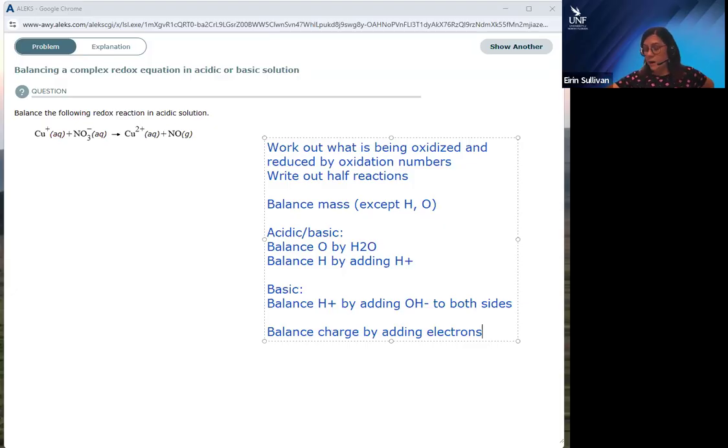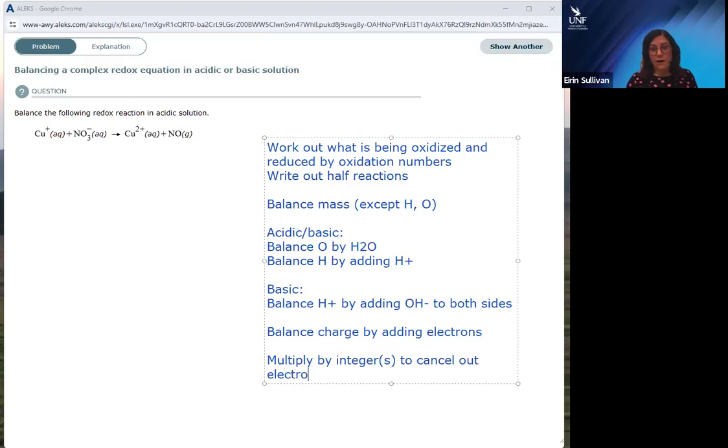To balance overall, you want to make sure the number of electrons in the reduction and oxidation half reactions cancel out. So you may have to multiply by an integer, or integers, if necessary to cancel out electrons.